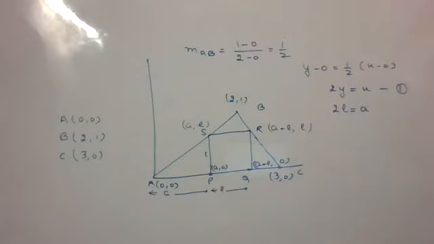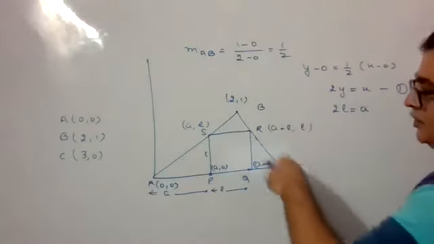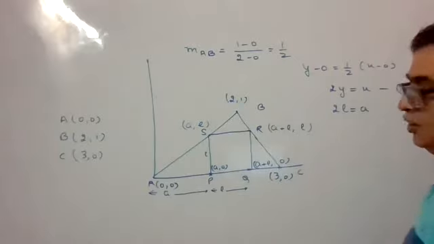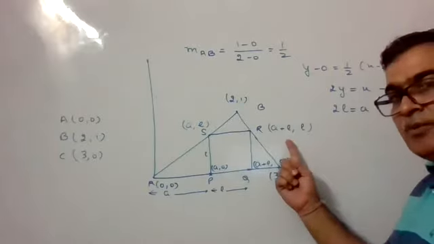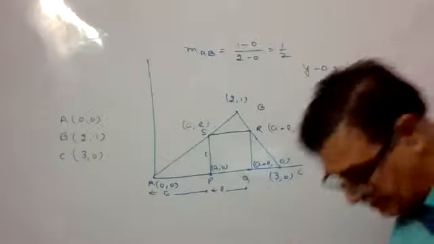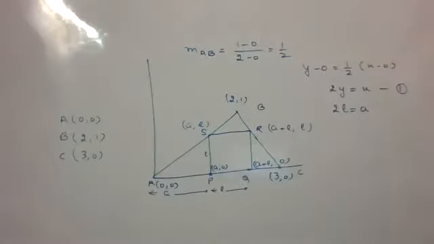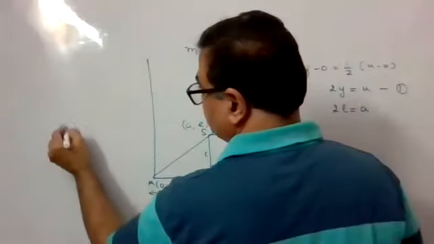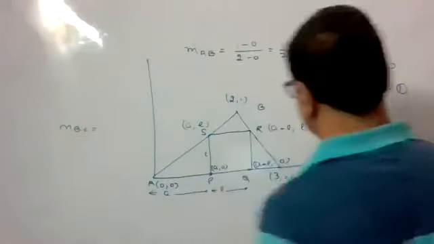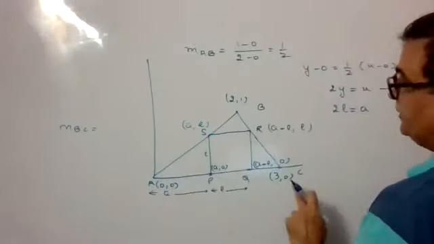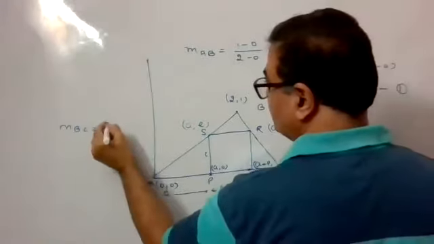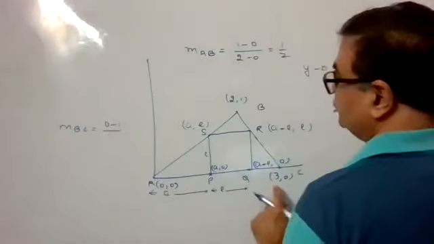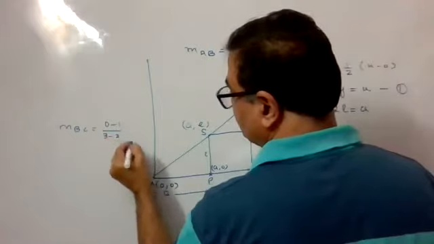Clear? Same way when you take the equation of BC, it will be satisfied by A plus L comma L. So can I get BC equation? Find out. First I calculate slope of BC. Slope of BC will be 0 minus 1 by 3 minus 2.